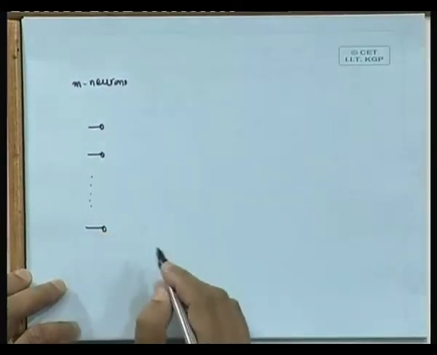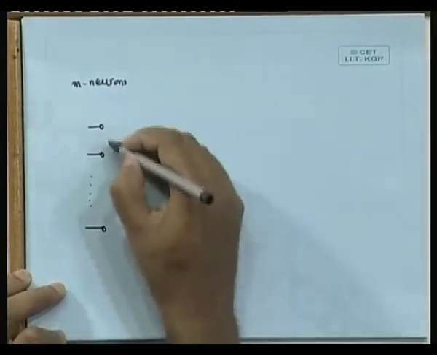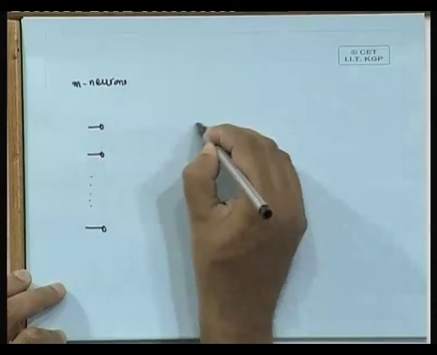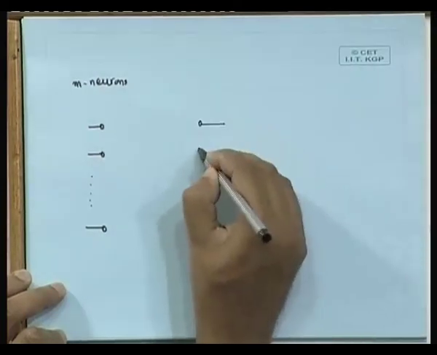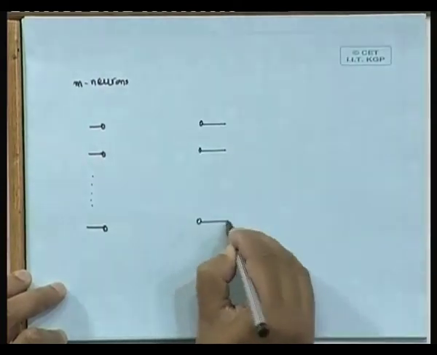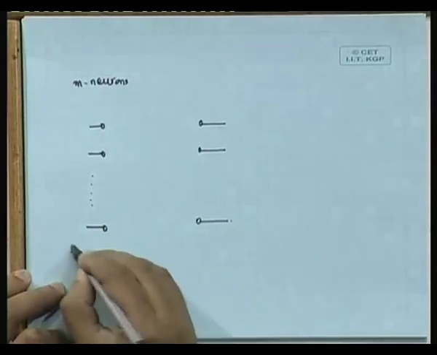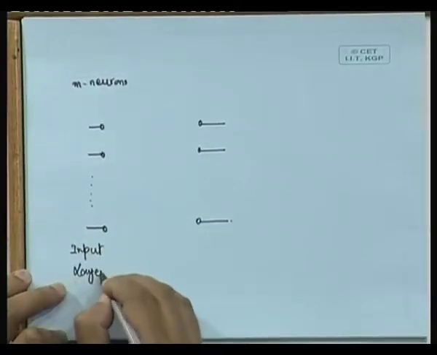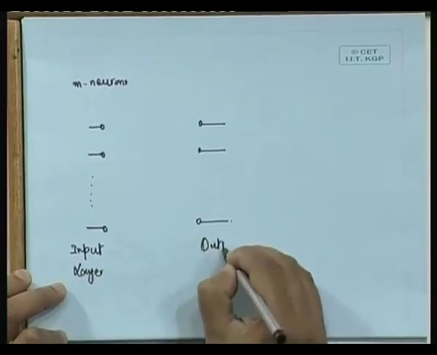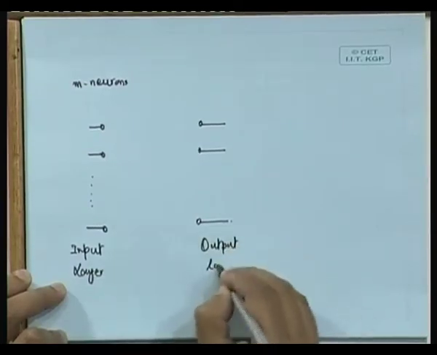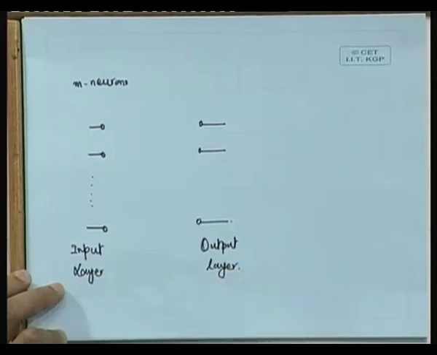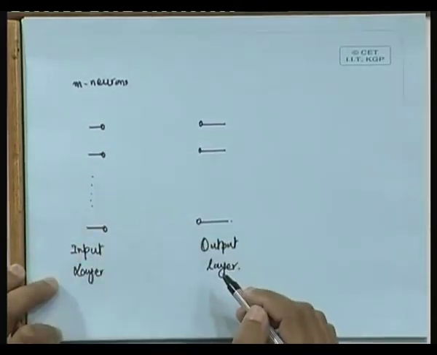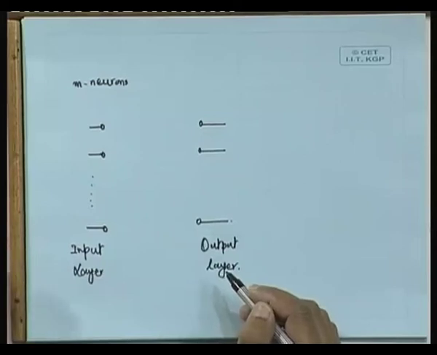We will be having from the input several neurons, which will be connected to the neurons at the output layer. So, here we will be having the input layer, and here we will be having the output layer, and in between these two we will be having the synaptic connections.